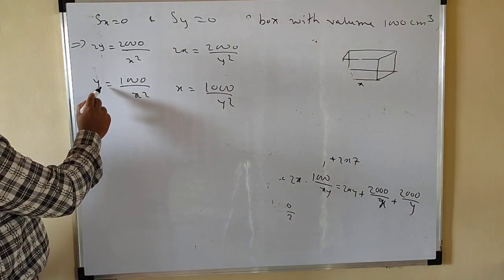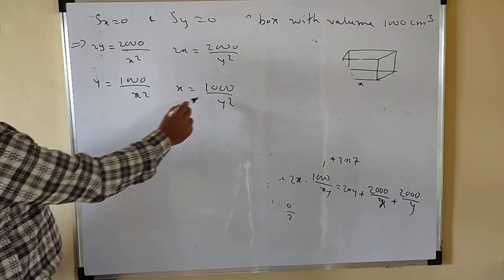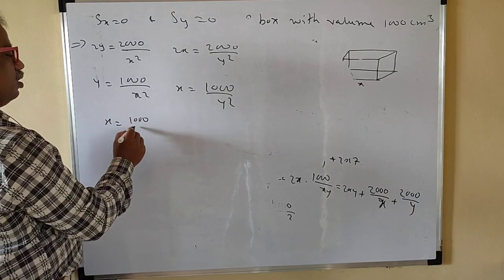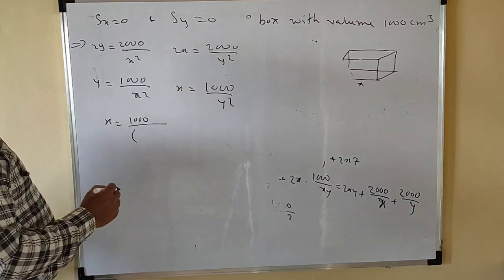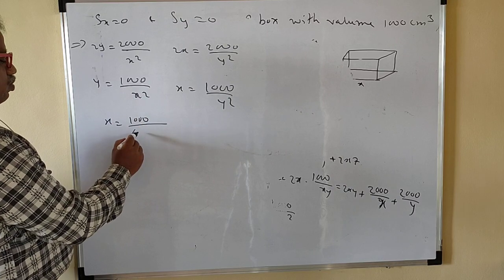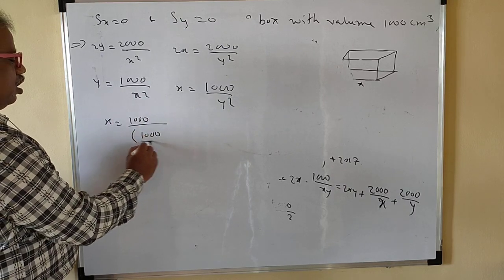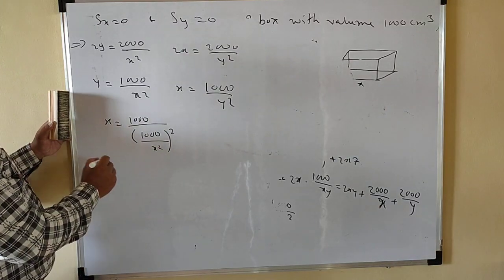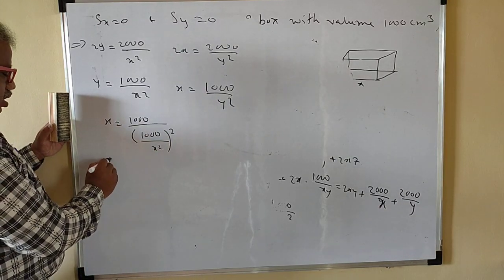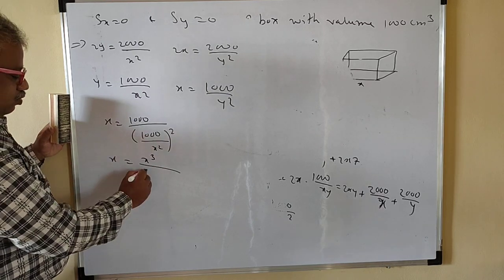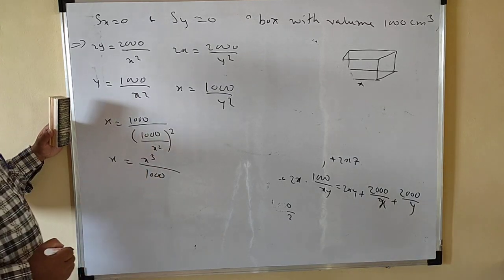So I put the value of y here: x is equal to 1000 upon, this is what, 1000 upon x square, bracket square. Right? So now this will be x to the power 4 upon 1000 square, so it gets cancelled, 1000.